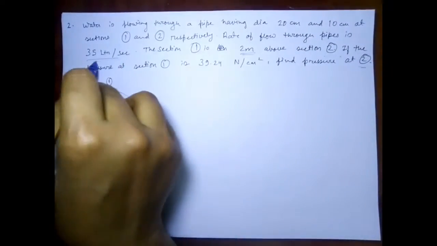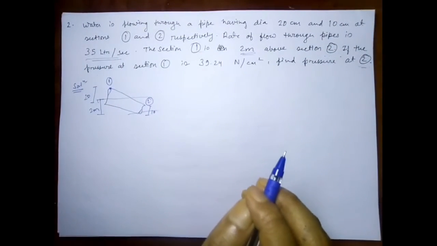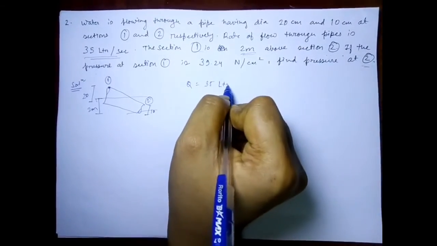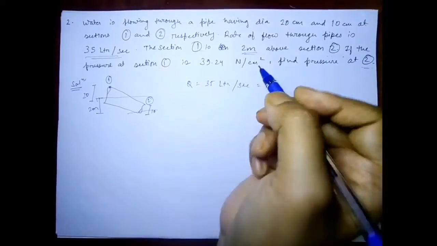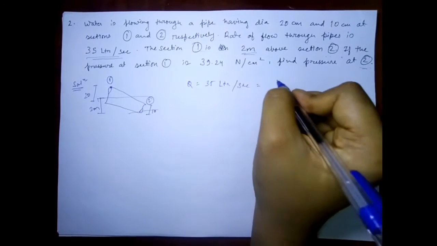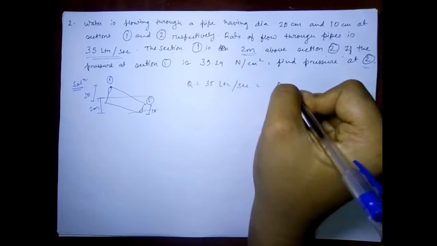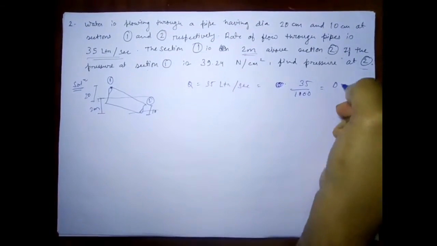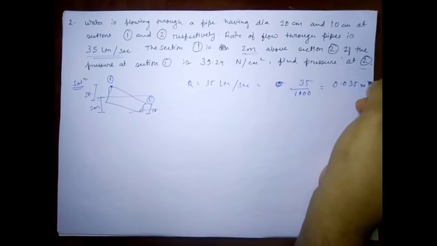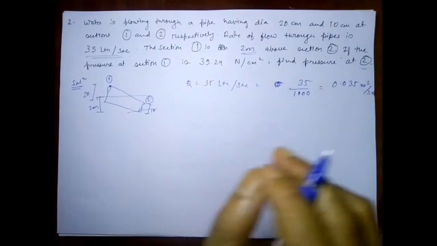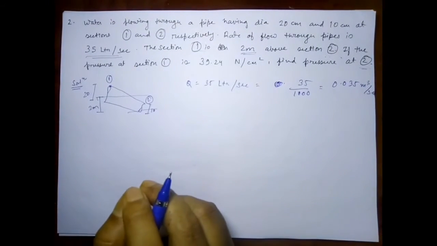The rate of flow through pipe is given, that is 35 liters per second, and if we divide it by 1000 we get 0.035 meter cube per second. So this is the discharge through the whole pipe.